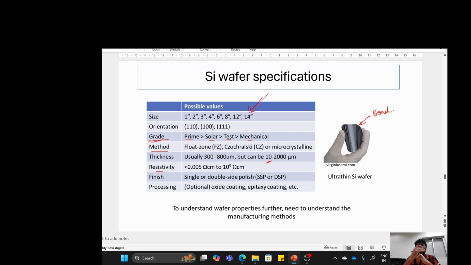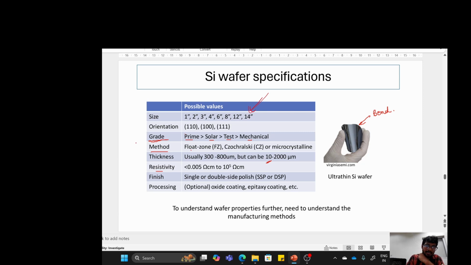While making the wafer itself, according to the surface energy, these are oriented. The ingot that you get is oriented along the direction. That is done in the Czochralski method, by which seed you put to make the ingot.